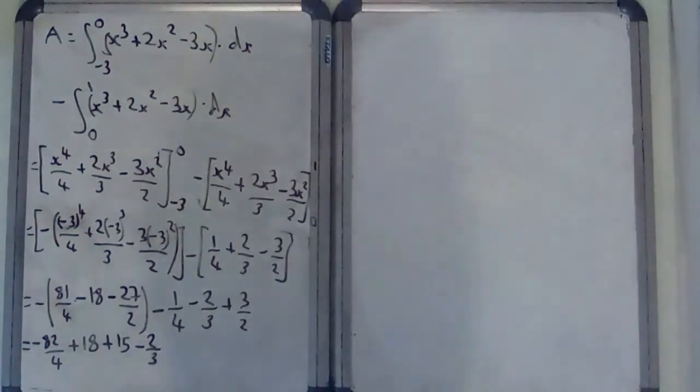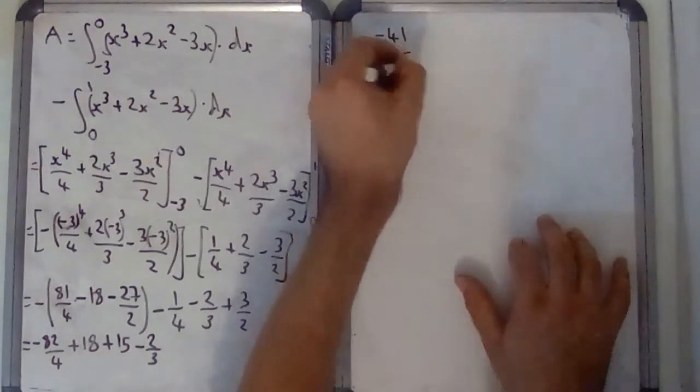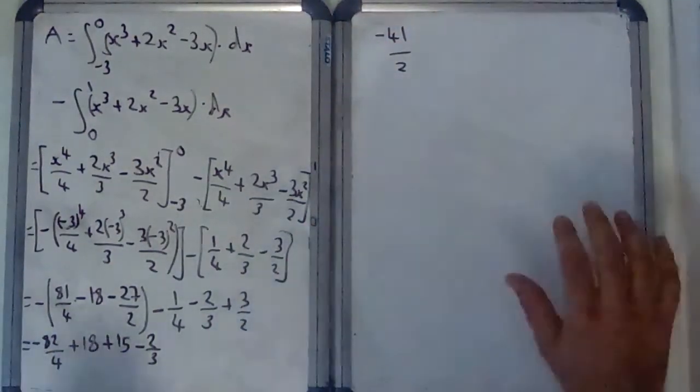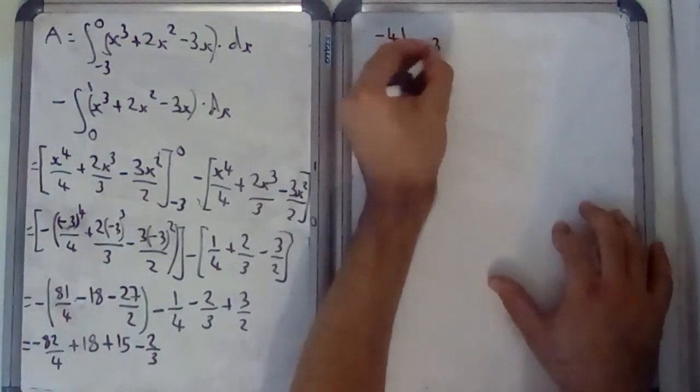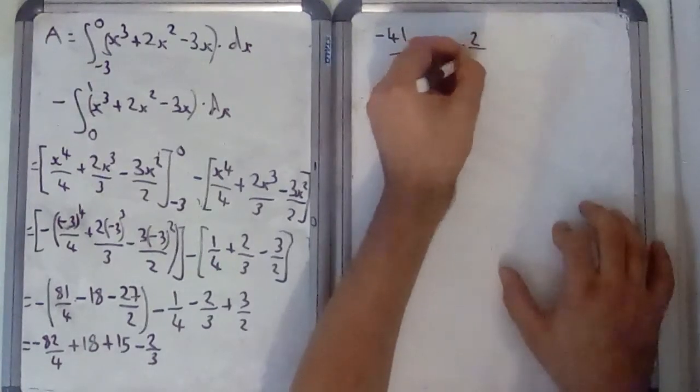So minus 82 over 4 could be written as minus 41 over 2. Then you've got plus 18 plus 15, well that's plus 33. And then you're minusing 2/3.